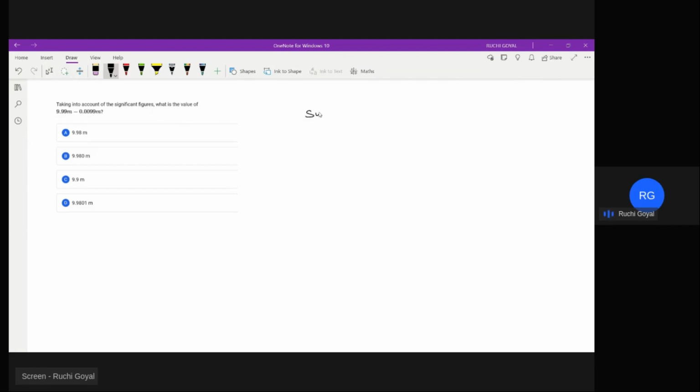So you have to subtract: 9.99 meter, and we have to subtract from this 0.0099 meter.